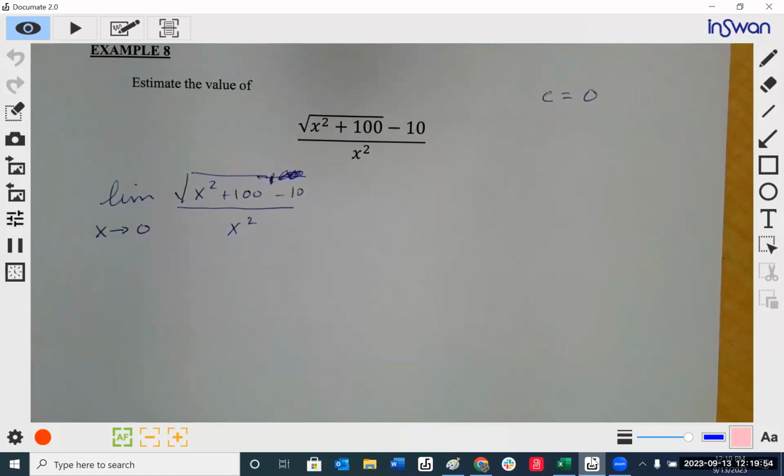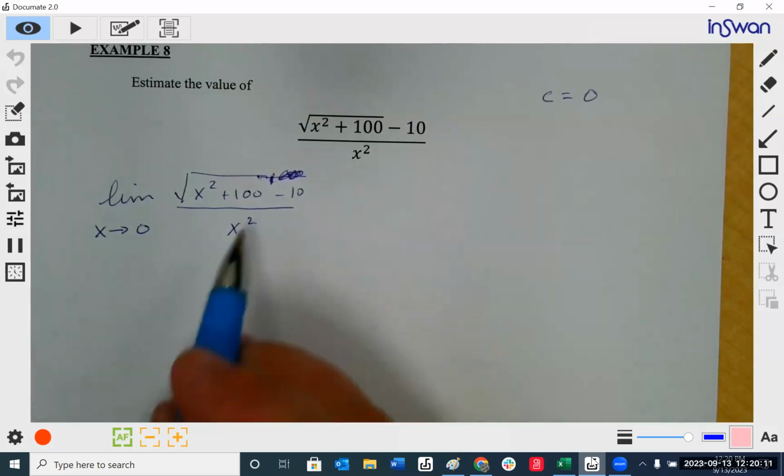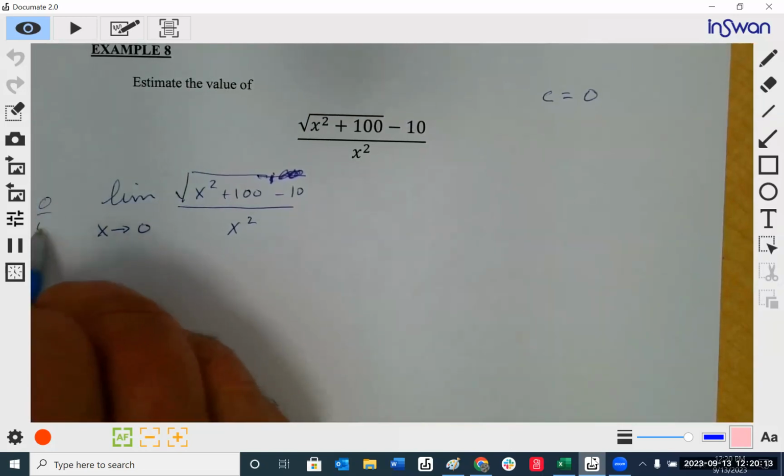So how do you think we're going to go about doing this one? We know so far it's good because we got 0 over 0.